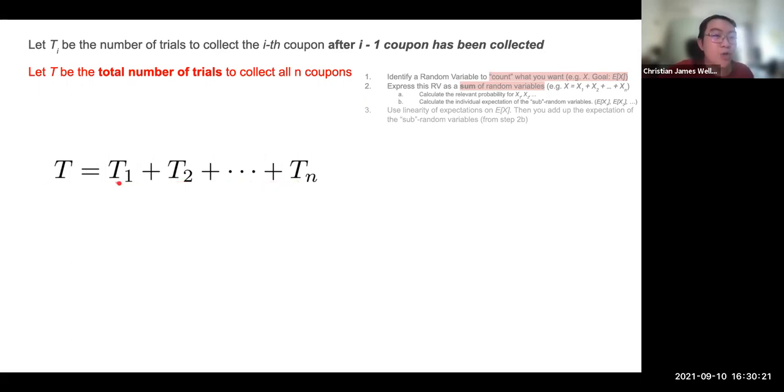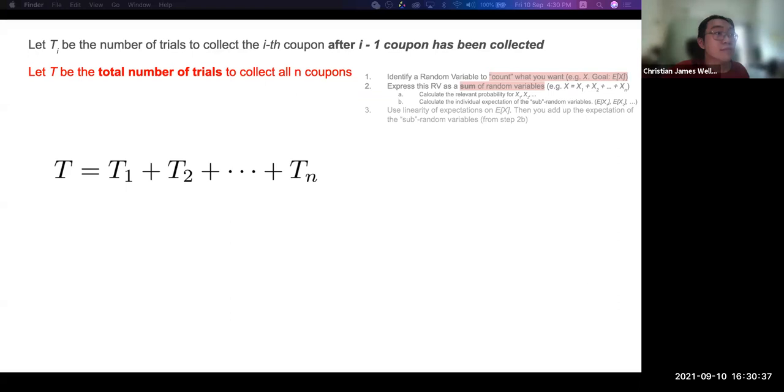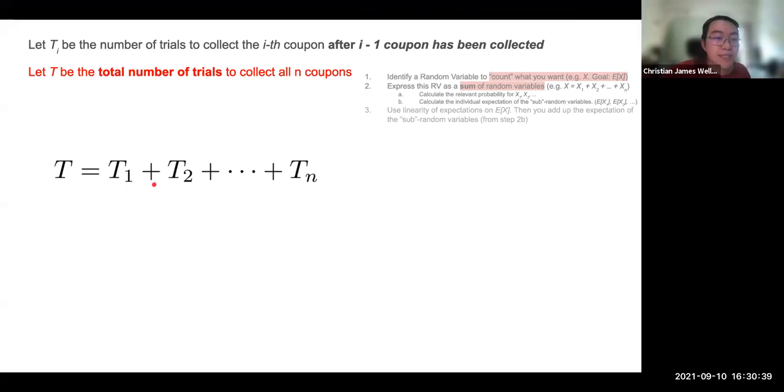So it's the individual contribution of T1, T2, all the way to Tn. And this is precisely what I'm trying to express in my pattern here, the sum of random variables. Anyone not understanding this line? If not, then I'll proceed.